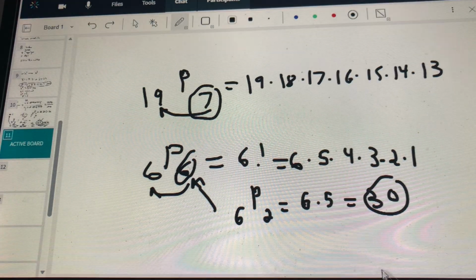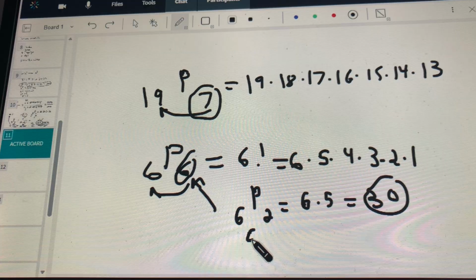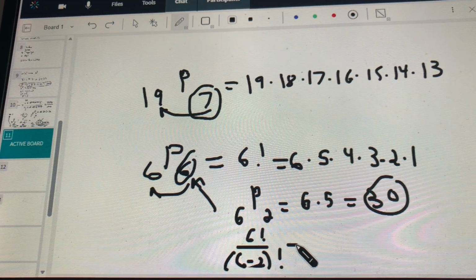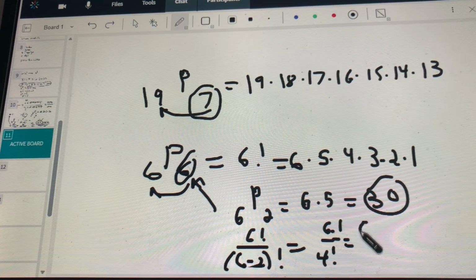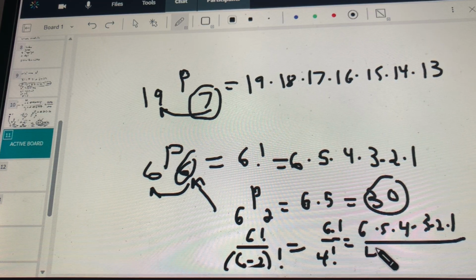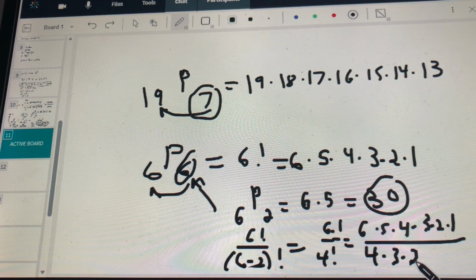Or you could use the formula and do 6 factorial over 6 minus 2 factorial. And then you could figure out that 6 minus 2 is 4 and do 6 factorial over 4 factorial. And then do 6, 5, 4, 3, 2, and 1. That's literally 6 factorial there. 4 factorial is 4, 3, 2, and 1.